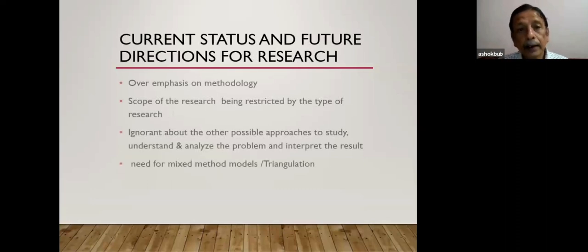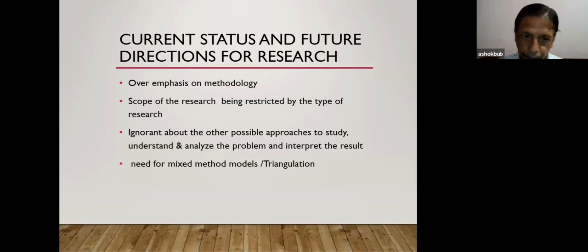Now, what is the current status of and the future directions for research? The first one is the overemphasis on methodology. This is one of the important components. Though methodology is important, its relevance also depends on other things.